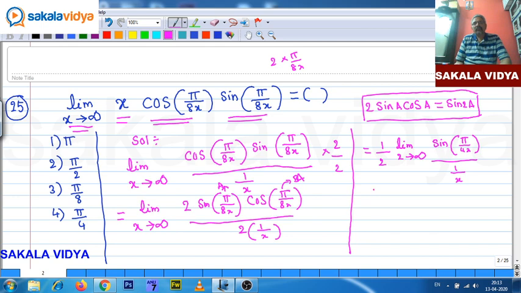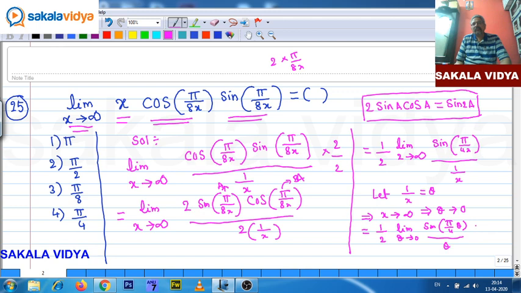So let us say this 1 by x is equal to theta. As x tends to infinity, theta tends to 1 by infinity, means 0. So now this problem we can change like this: limit theta tends to 0, sine of pi by 4 times theta by theta.